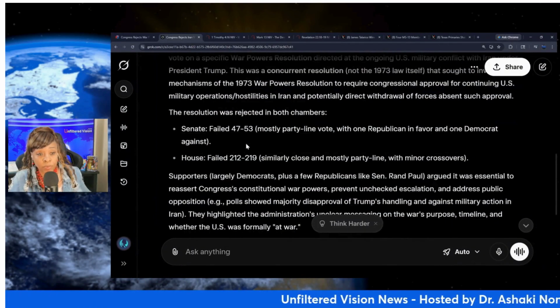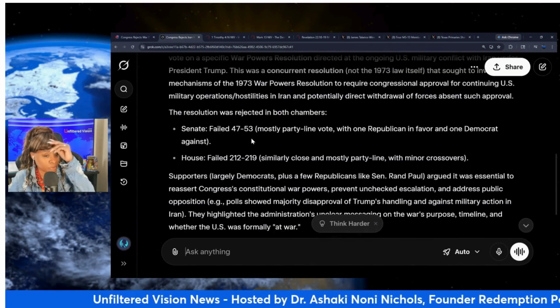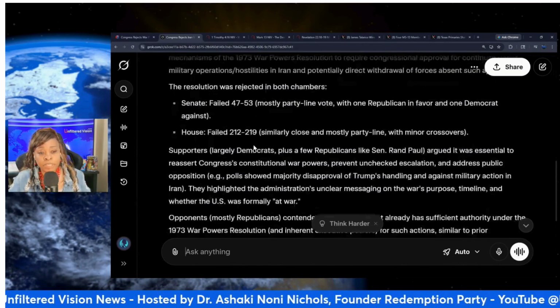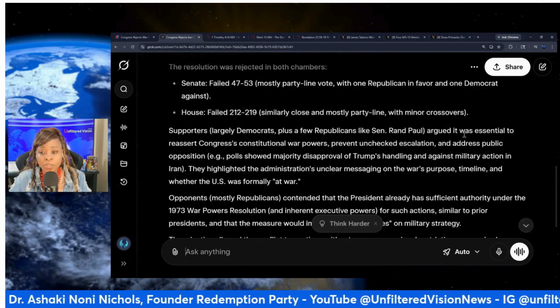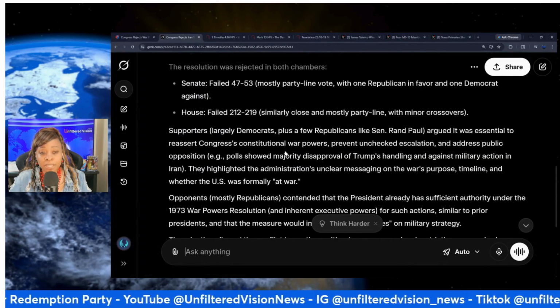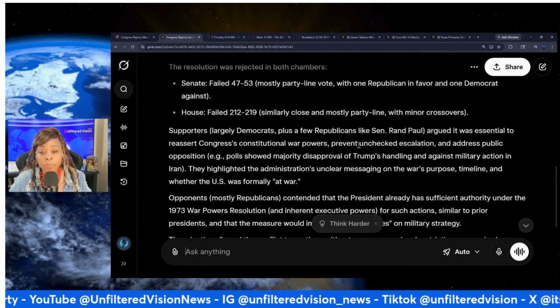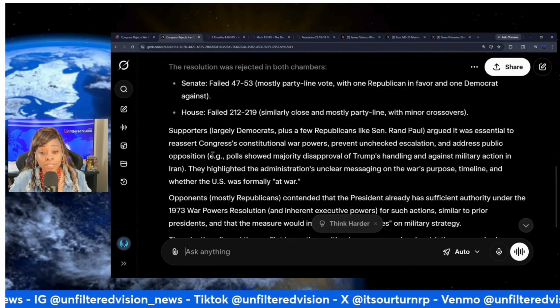Then it failed, 47-53, mostly a party line vote. The House failed 212-219. Supporters, largely Democrats plus a few Republicans, argued it was essential to reassert Congress's constitutional war powers, prevent unchecked escalation, and address public opposition.